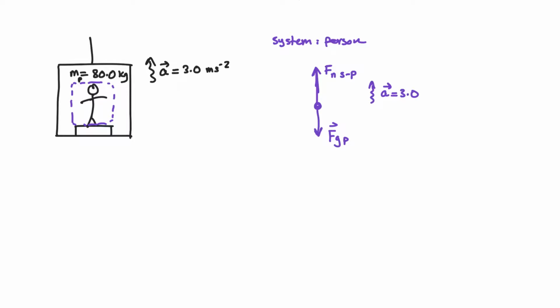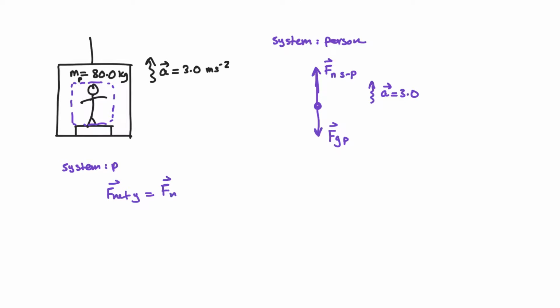Okay, I have the information. Let's figure out what the scale reading is, and we know that the scale reading can be found by the normal force acting from the scale onto the person. So I'm going to just say system P again, the person, and F net Y is going to equal the sum of the forces.